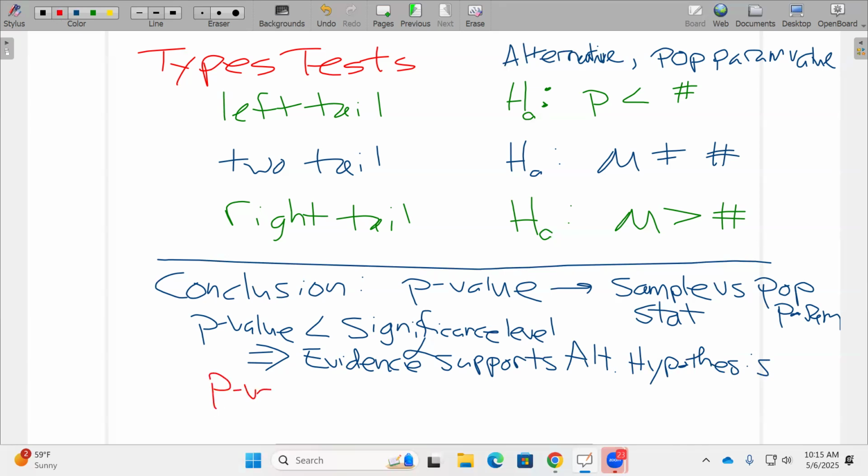However, if the p-value is bigger than the significance level alpha, that implies the evidence does not support the alternative.